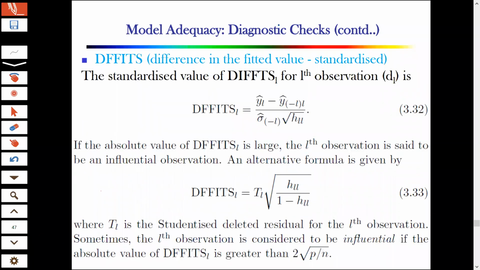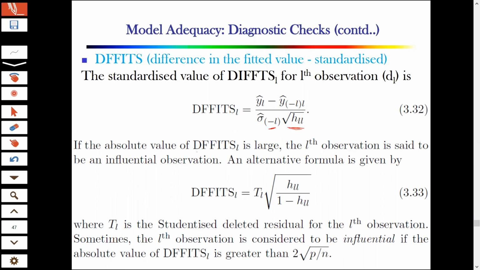The next one is called DFFITS, the difference in the fitted value, standardized. The DFFITS value for the Lth observation is the fitted value YL hat including the Lth observation, minus the fitted value excluding the Lth observation, divided by the estimated standard error sigma hat, which excludes L, times the square root of the Lth diagonal element.